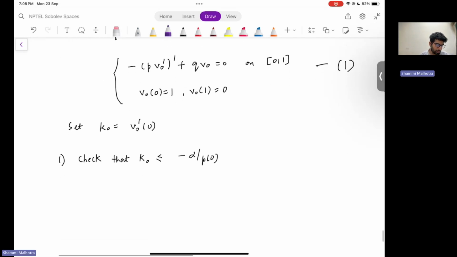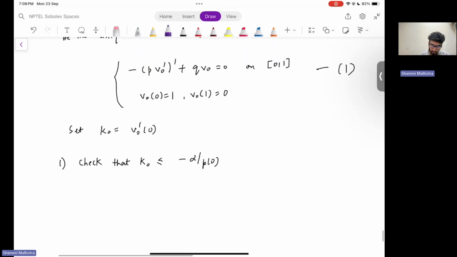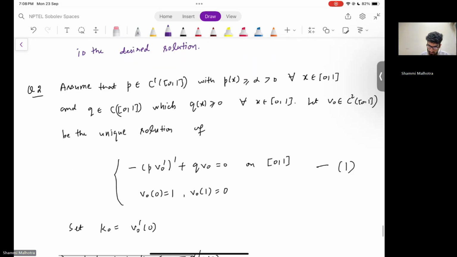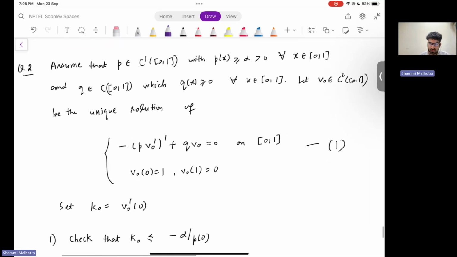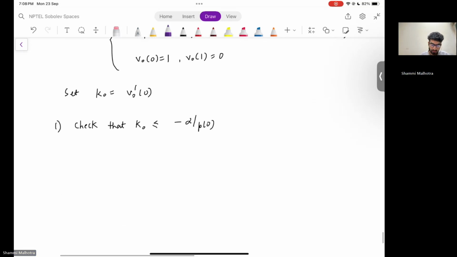So how do we do that? Since we already know this v0 is a solution, it is a classical solution, but again it can be seen as a weak solution.